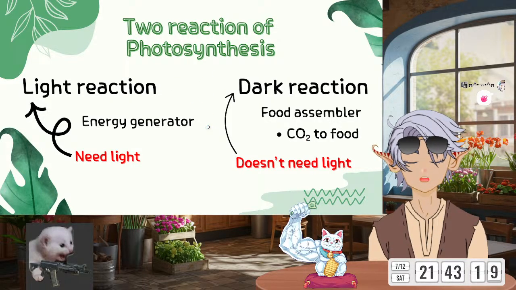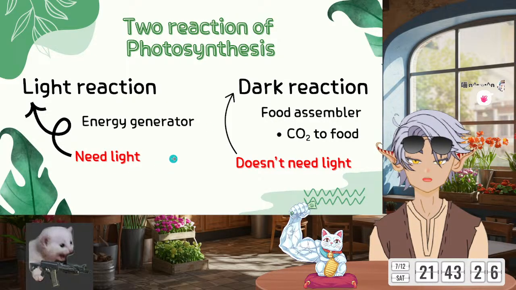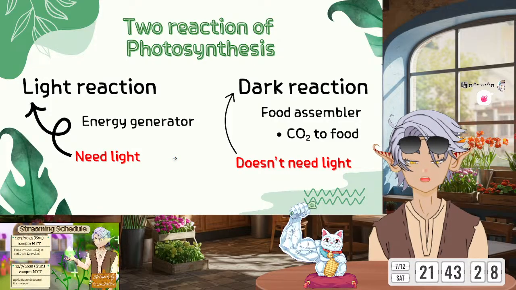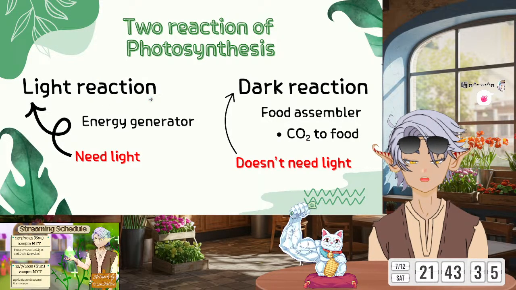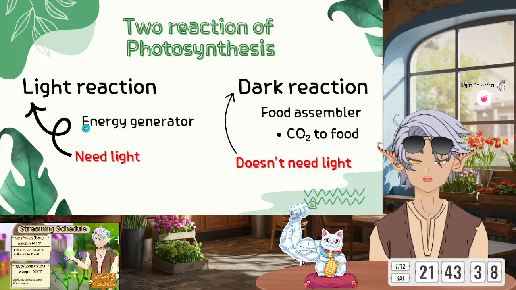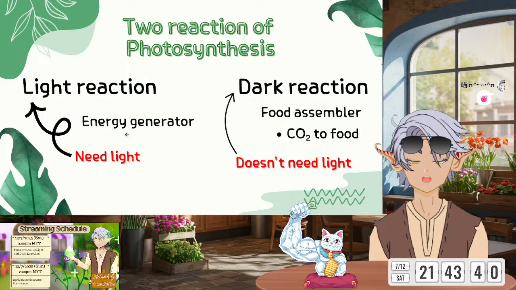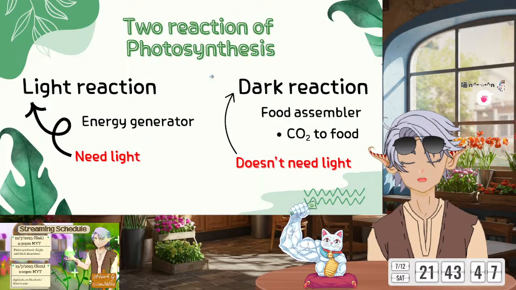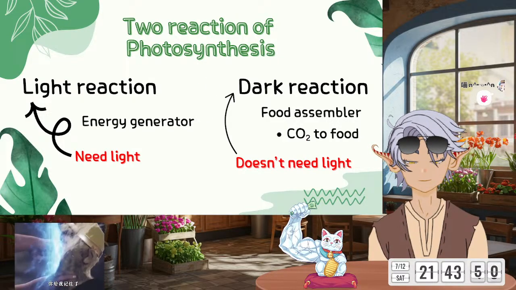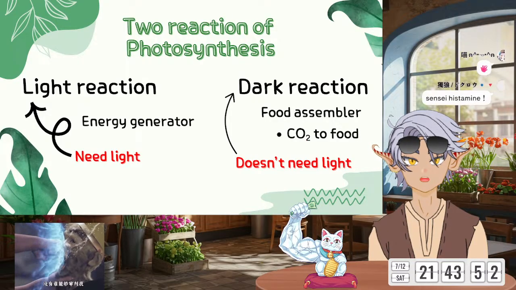They use sun and everything, and this process needs the presence of light to carry out this function. No light, no light reaction. In other words, this is called light dependent reaction. It depends on light, so it creates many energy molecules, which I will show later. Remember, the energy molecule in biology is called ATP.